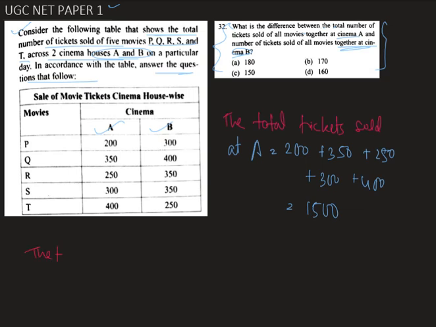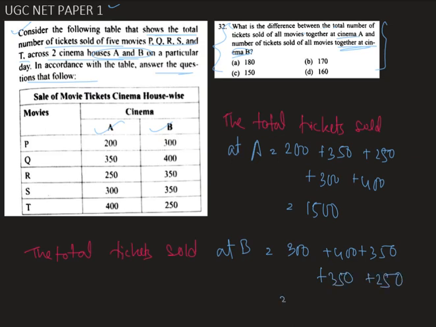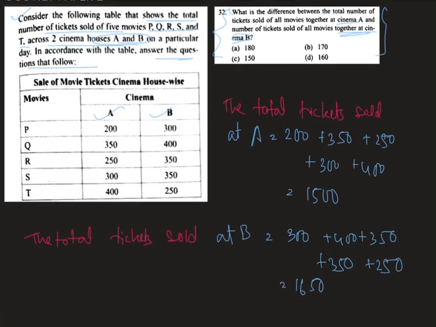Okay, the total tickets sold at cinema B is equal to 300 plus 400 plus 350 plus again 350 and lastly 250, which results in 1650.